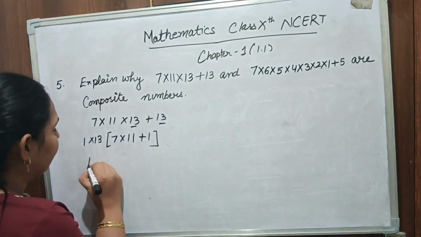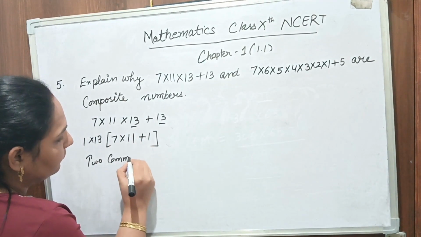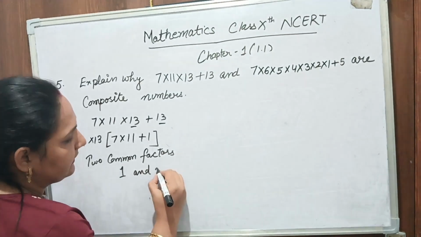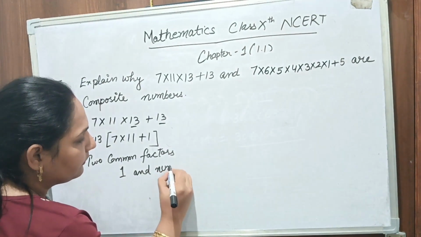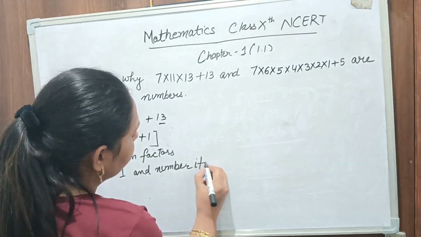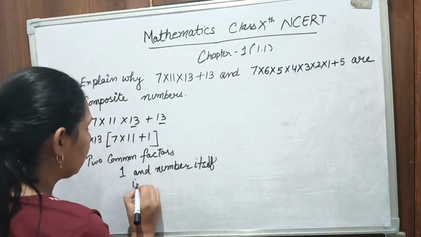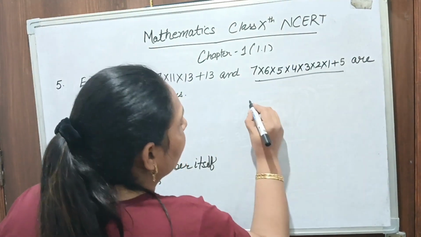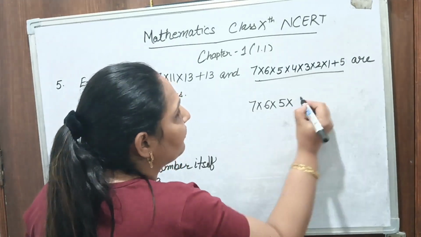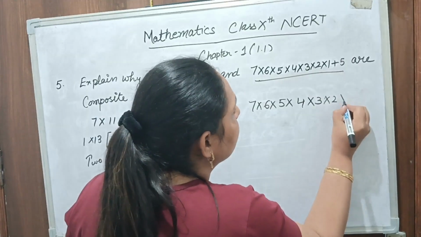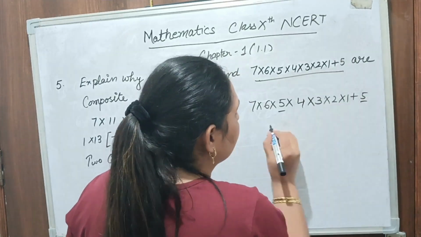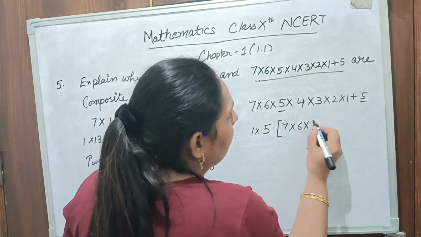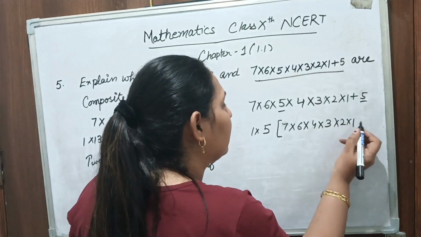So here are 2 common factors, that are 1 and the number itself, 13. Then we see 7 multiply 6 multiply 5 multiply 4 3 2 1 plus 5.